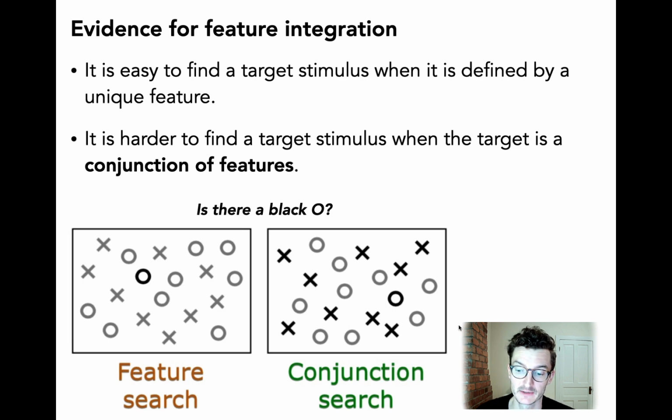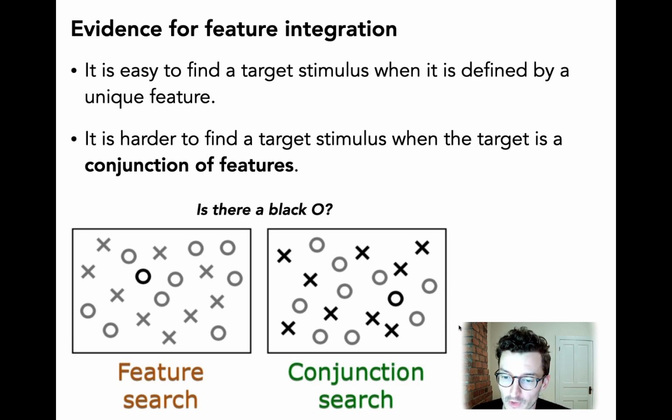Why is that? Well, Treisman would say it's because to do a conjunction search, you actually have to focus attention on each item in the array to bind the features of the items together so that you can actually recognize what you're perceiving. In a feature search, you don't have to look at every single item.